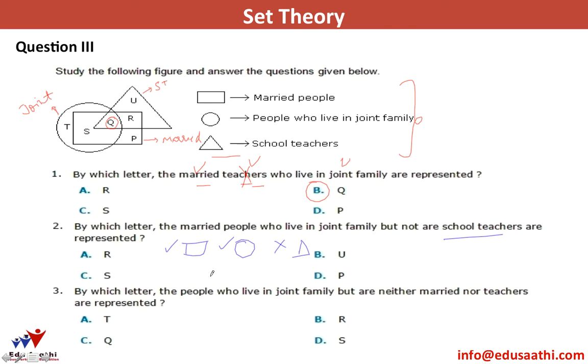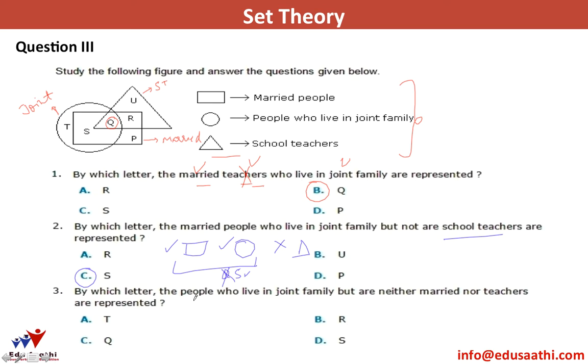The alphabets in the rectangle and the circle are Q and S. But Q also lies inside the triangle, so I'll cancel out Q. What is my right option? S. You should always follow this approach. Take two at a time and then move on to the third one.